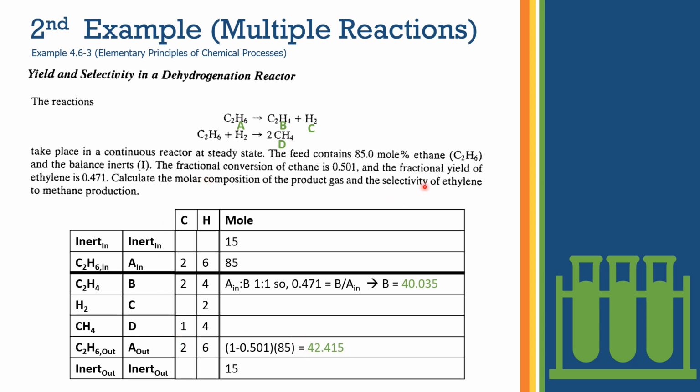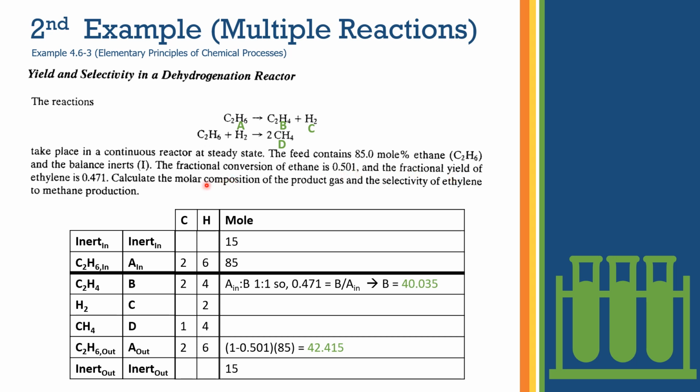For the yield, I don't know if you remember the formula, but basically it is the actual moles divided by the moles that we would get if we don't have a side reaction and if the limiting reactant has been consumed completely.